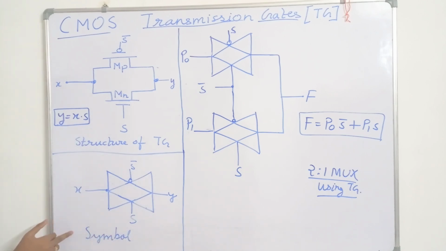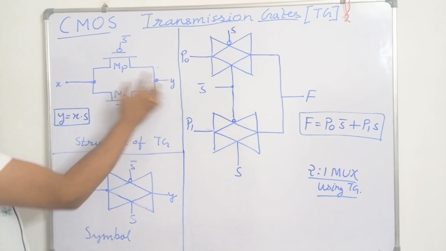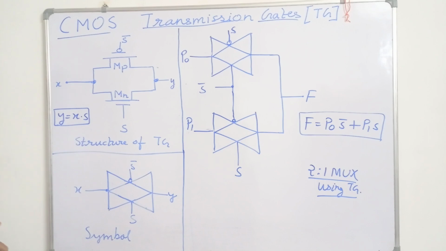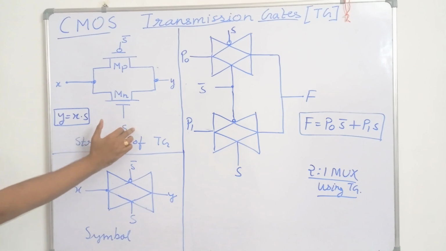This is the symbol of the transmission gate. These are two triangles, and this is S bar, this is S, this is X and this is Y. Again we can say that the transmission gate will act as a closed switch or provide a good conducting path when S equal to 1.